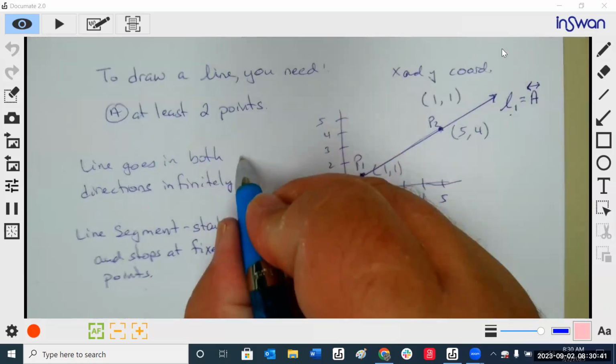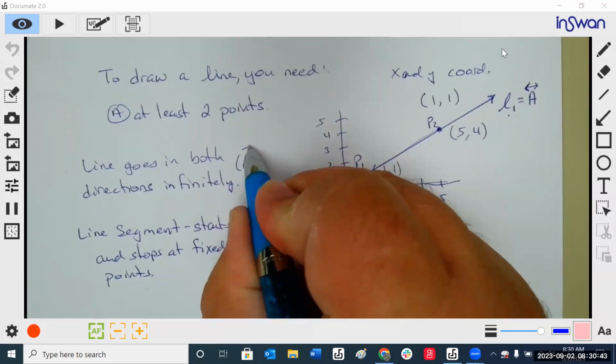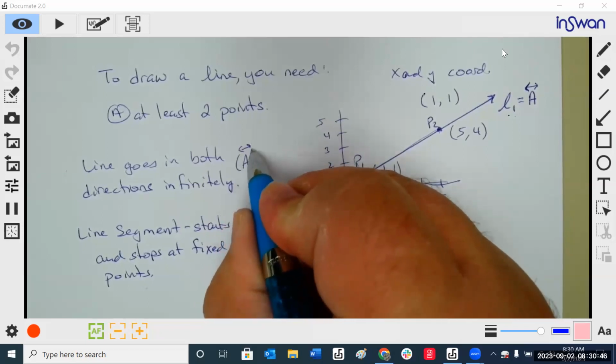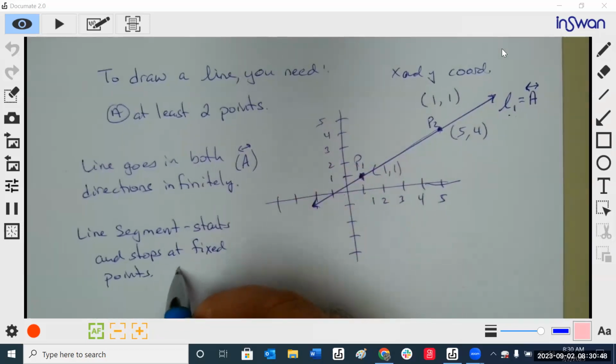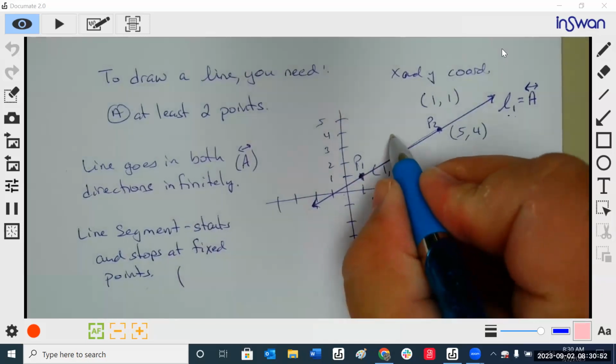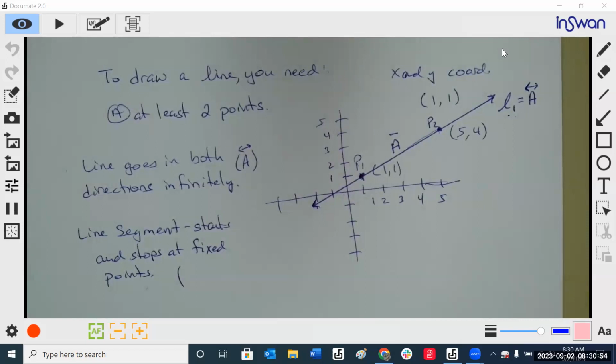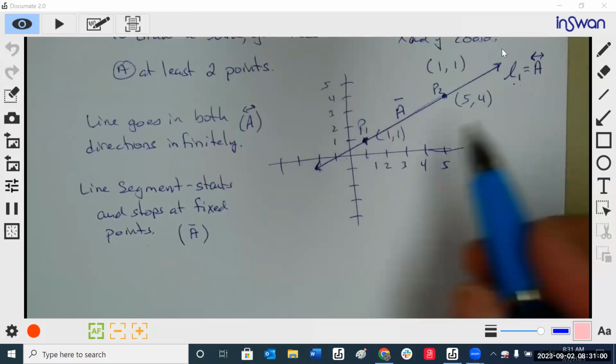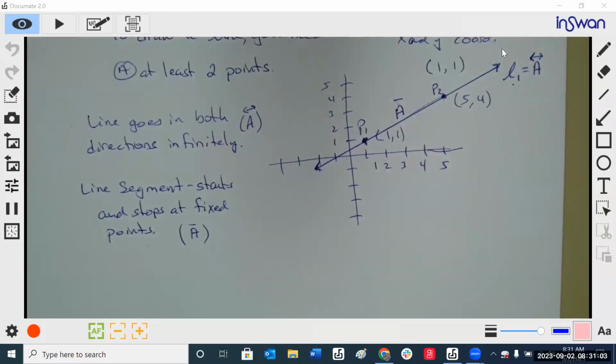So for the line, we used 2 arrows. For the line segment, we still call it A, but there is just a bar on top. That's the symbol for a line segment. It starts and stops at a location.